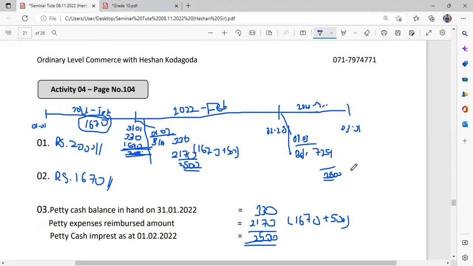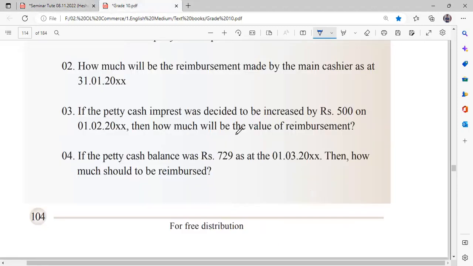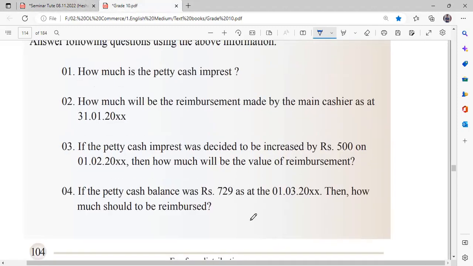Now our petty cash imprest is 2,500. Now we need to know any petty cash imprest increase, right? So now any increase in the petty cash imprest, right?